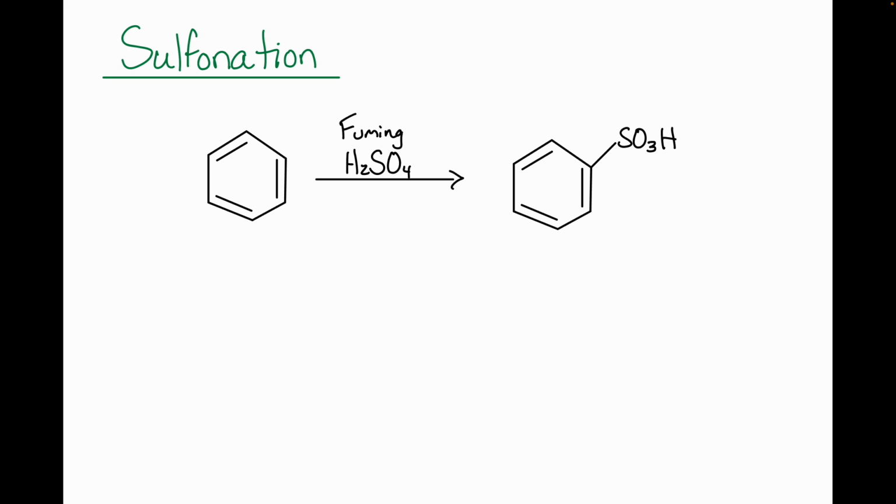Just to have this all drawn out with our Lewis structure, you have your sulfur in the middle. It's got two oxygens double bonded, and then an OH group, a hydroxyl group. This is what's called a sulfonic acid, or sulfonyl group.